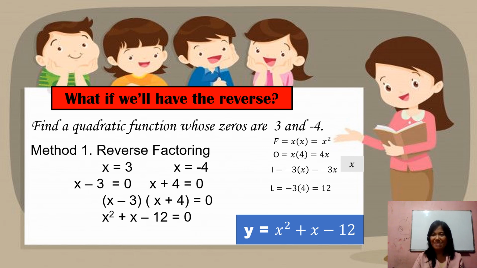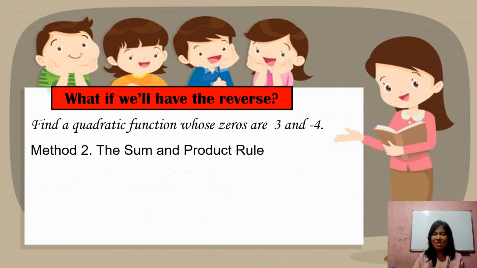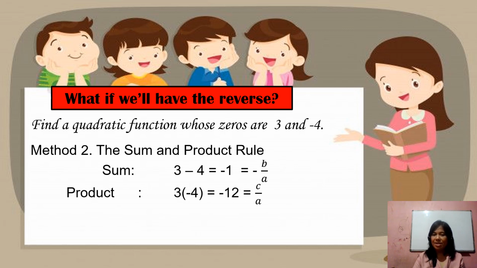Easy, right? What about method 2? Same. Get the sum. 3 minus 4 is negative 1. Get the product. 3 times negative 4 is negative 12. Now, since we have no denominators, the value of our a is 1.